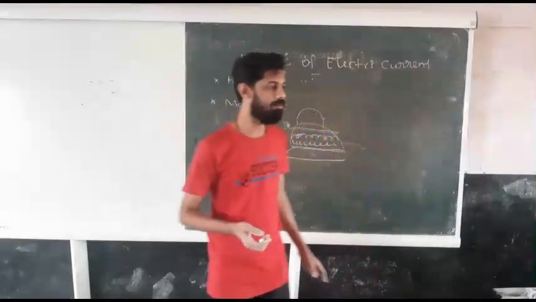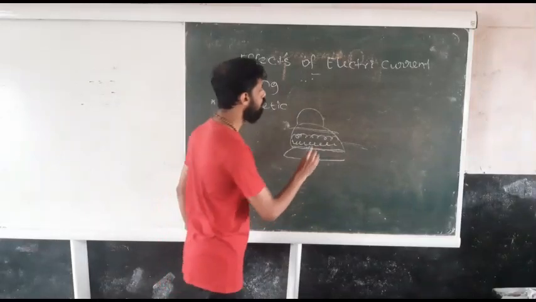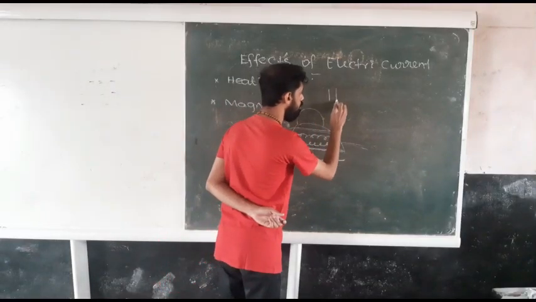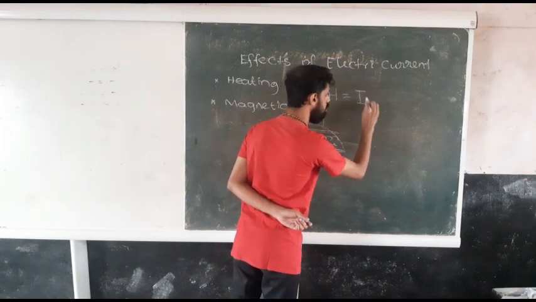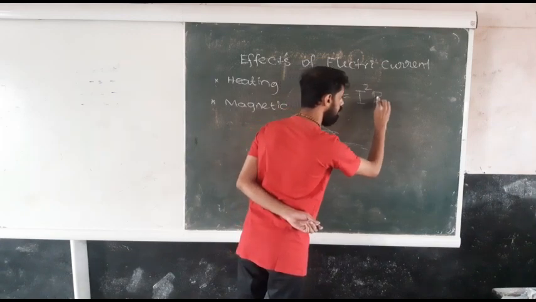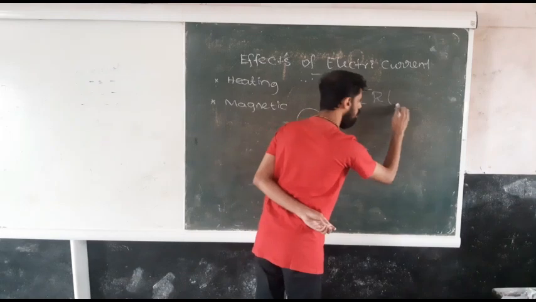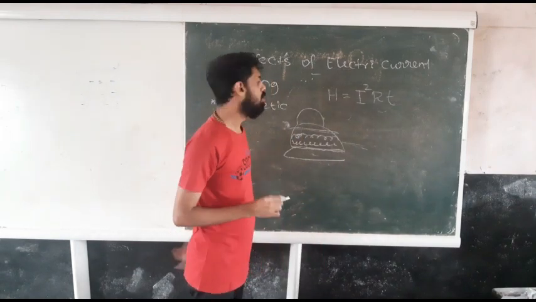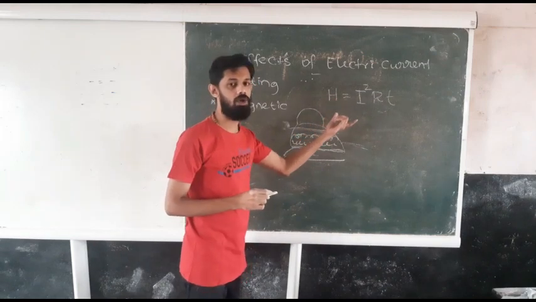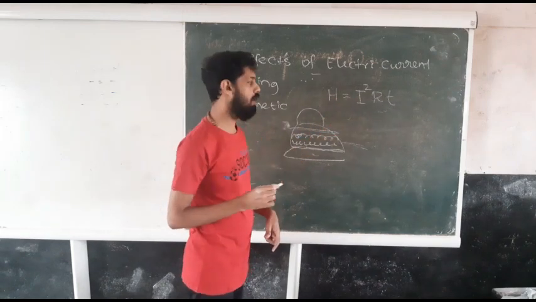According to Joule's law, heat depends on the square of the current, the resistance of the substance, and for how much time this current is flowing through it. So the equation is H = I²Rt.